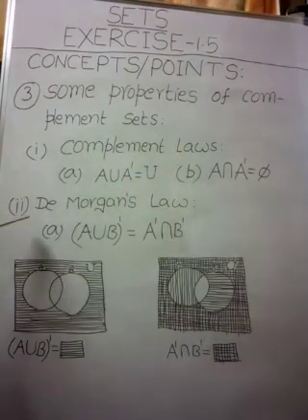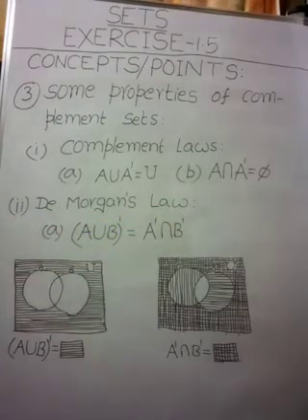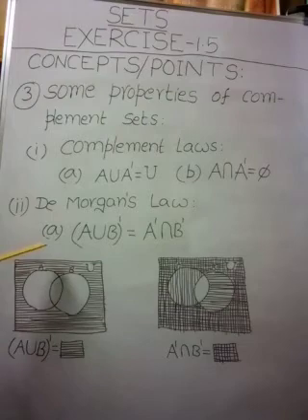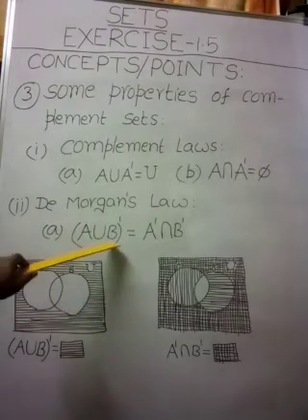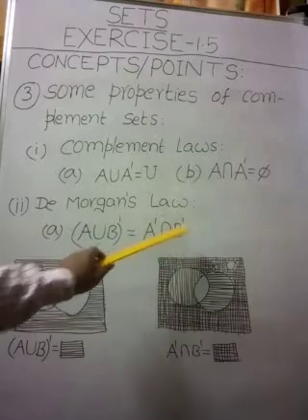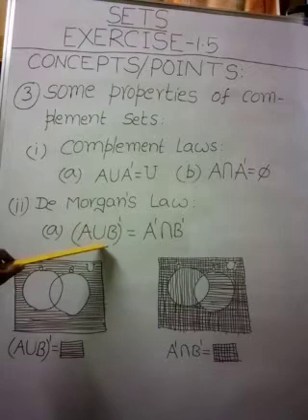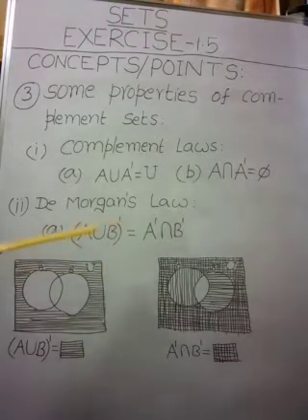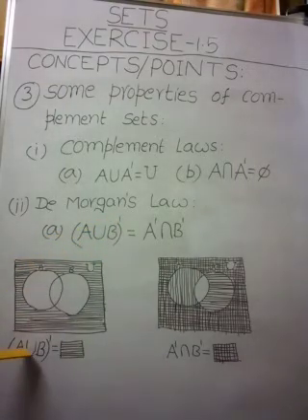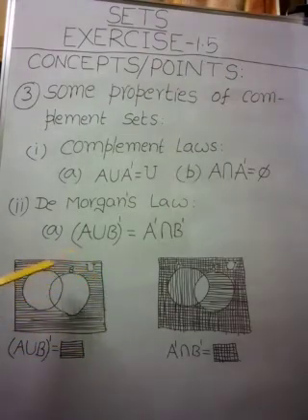Okay, my dear children. Next, De Morgan's law. First one, A union B whole dash is equal to A dash intersection B dash. Here I represented A union B whole dash by means of a Venn diagram. See here, I have taken the universal set. In this universal set, A and B are two subsets.